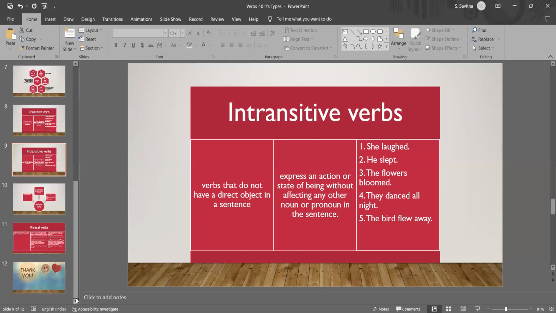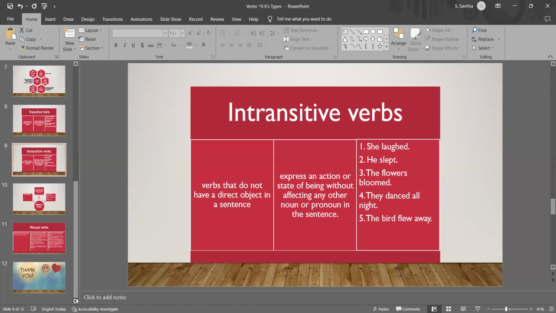Look at the third example. The flowers bloomed. Here, bloomed is the intransitive verb. It expresses the action of the flowers without affecting any other noun or pronoun. Right? The same way with the other two examples, they danced all night. The bird flew away. So it's applicable.